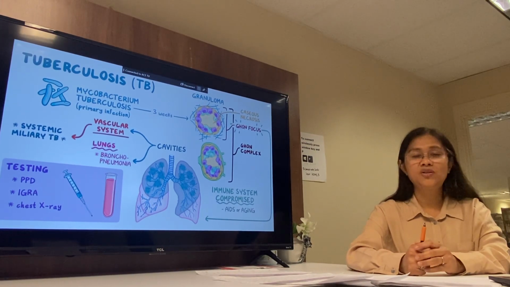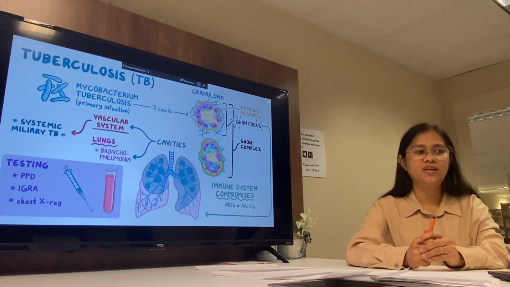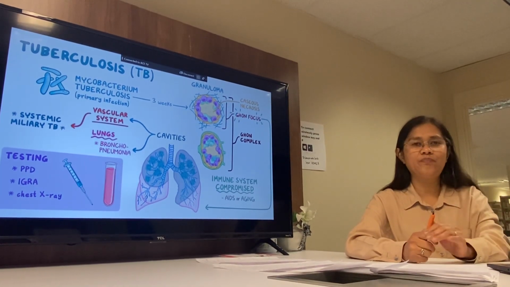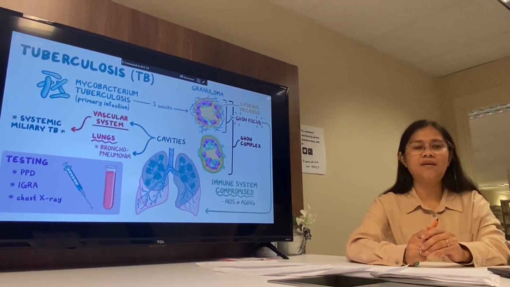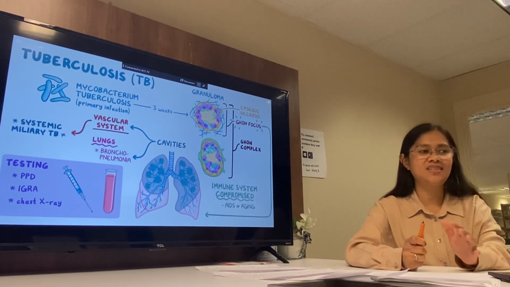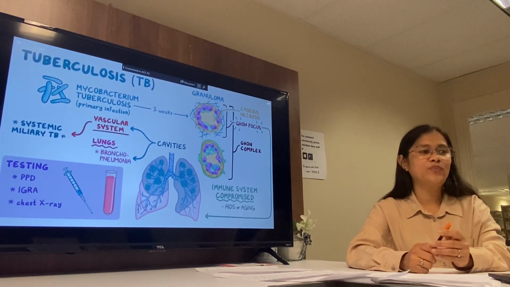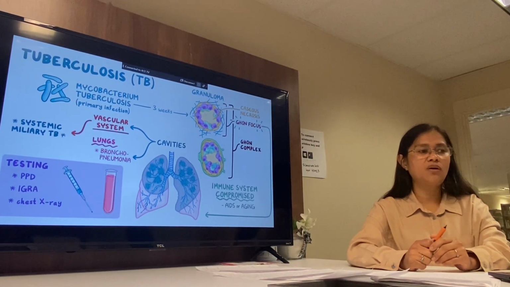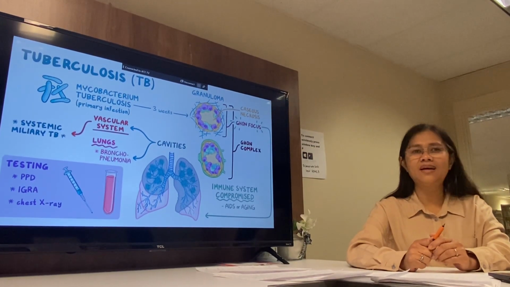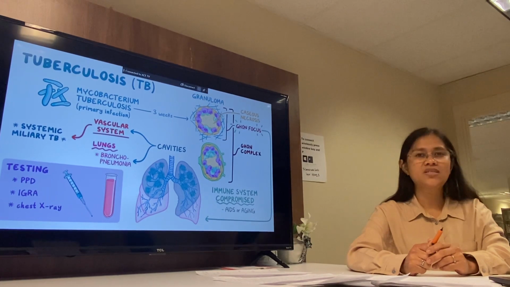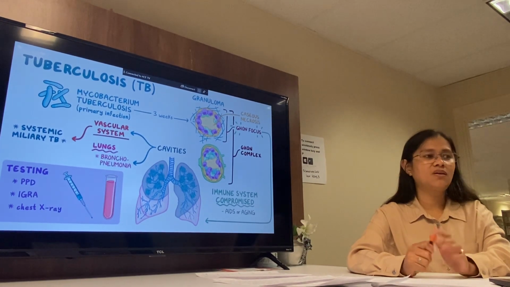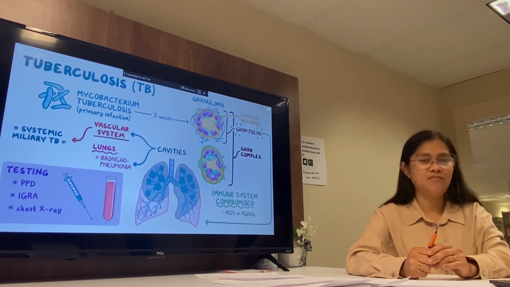When the immune system is compromised by aging, it can cause both sides of the upper lobes of the lungs to form cavities, which can cause bronchopneumonia, and can also go to the vascular system, which can cause systemic miliary TB.